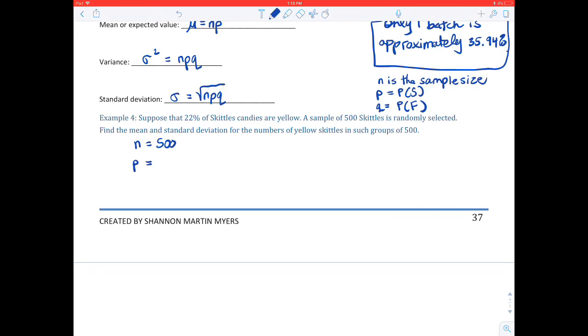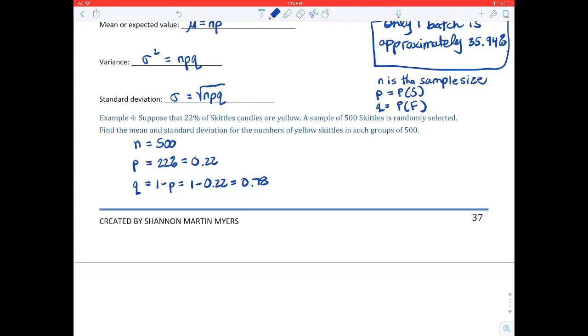Good. 22%. And what does that equal to? Good. 0.22, which makes Q, the probability of not picking a yellow Skittle, 1 minus P, which is 1 minus 0.22, which is, good, 0.78.